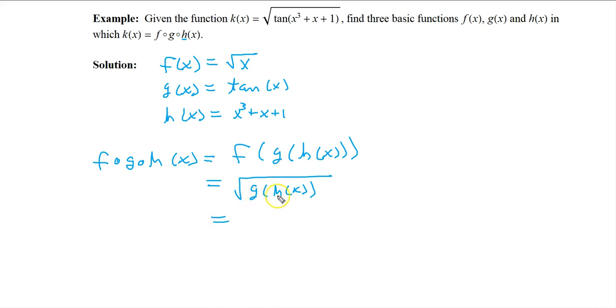And g is the tangent, and h is x cubed plus x plus 1. And so there. So by doing this, we took a rather complicated looking function and wrote it as the composition of three basic functions: a square root of x, a basic trig function, and a simple polynomial. And once again, that's going to be an important concept to understand how to do when we study the chain rule for differentiating complicated functions like this.